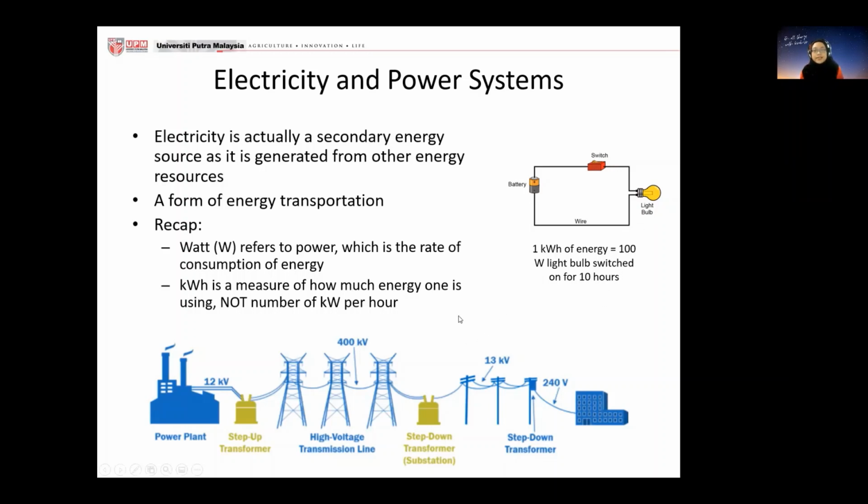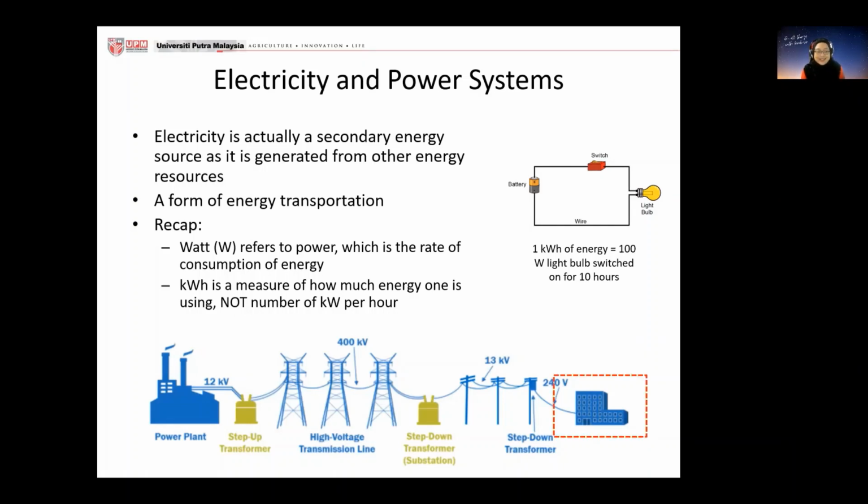So basically, that is with regards to what we use. So thinking back again to the power plants, how exactly electricity is generated. Like I mentioned before, it's a complex system, but don't worry, we are going to look further into that.